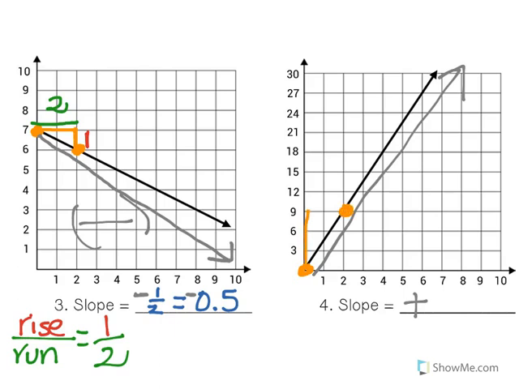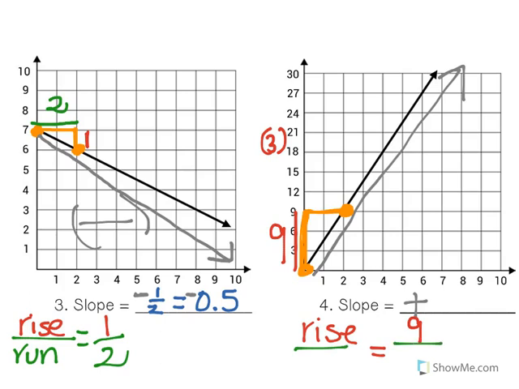I'm going to draw a right triangle. My rise is, I'm going from 0 to 3, so my y's are counting by 3s. 3, 6, 9. My rise is 9.